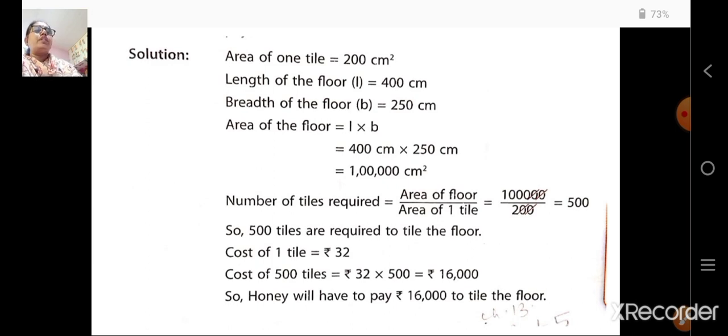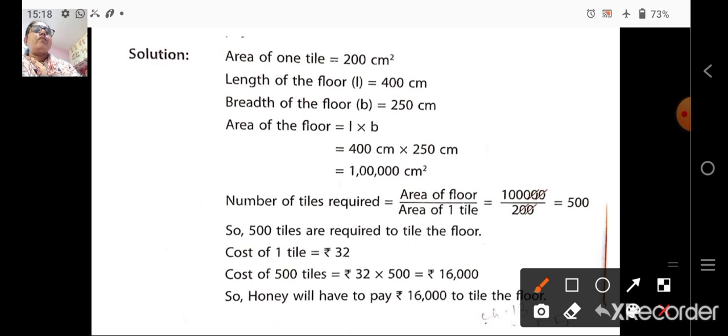Now the solution is given here. The area of one tile is 200 centimeters square. The area of the floor is length into breadth, which is 400 into 250, which comes to 1 lakh centimeter square.